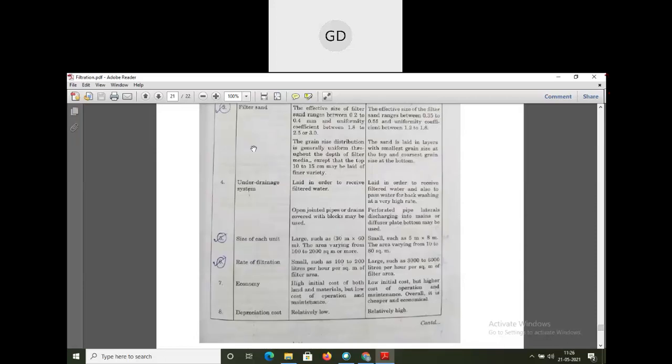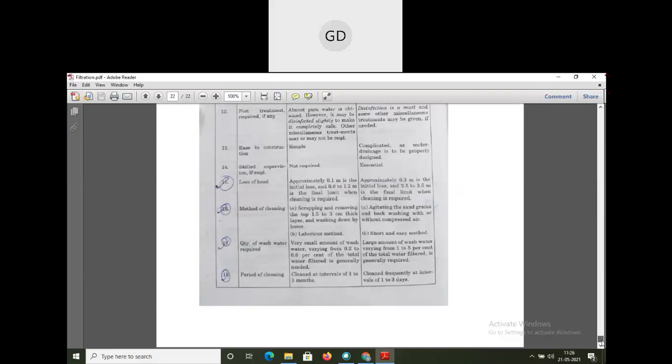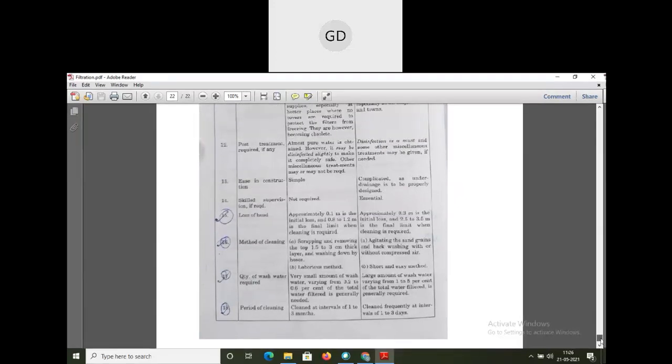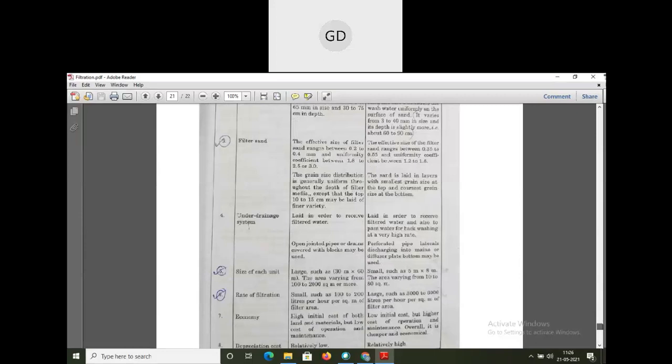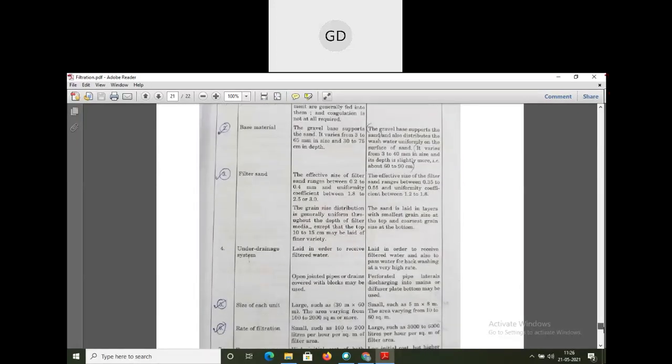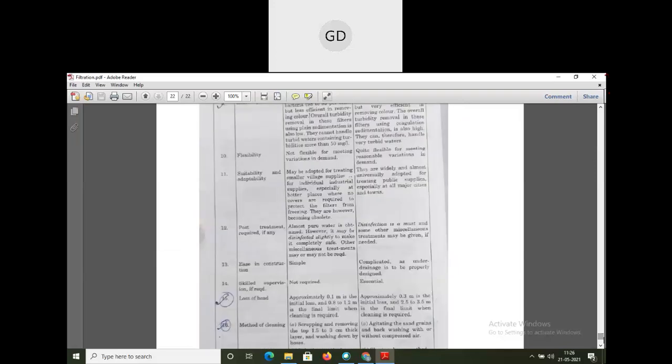Based on these items, the differences are given for both rapid and slow sand filters. You go through this table also. It is easy, you just need to read once and you will remember. Just note down some things. Some MCQs might come from this table, so you have to study the table also.